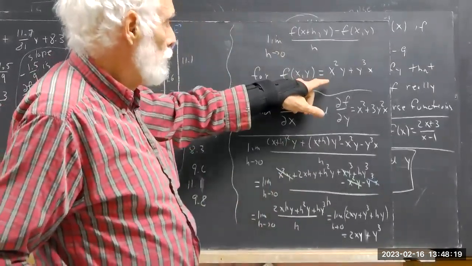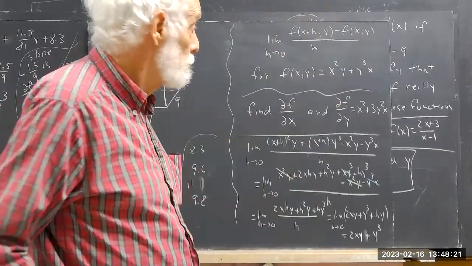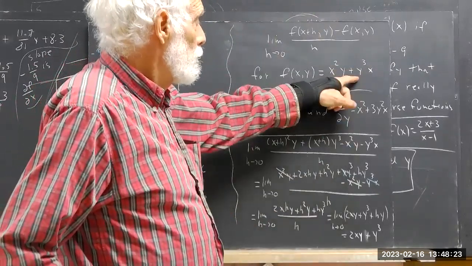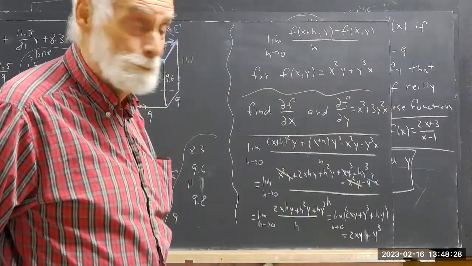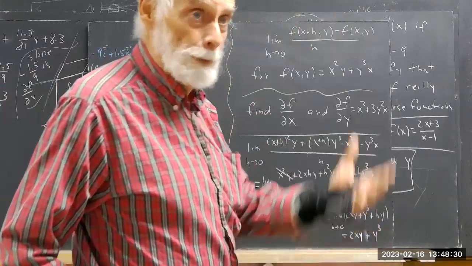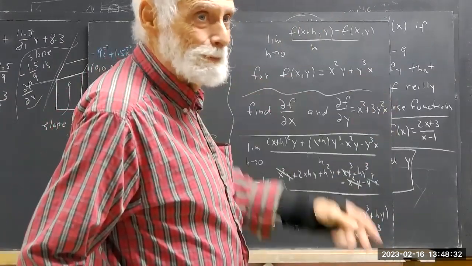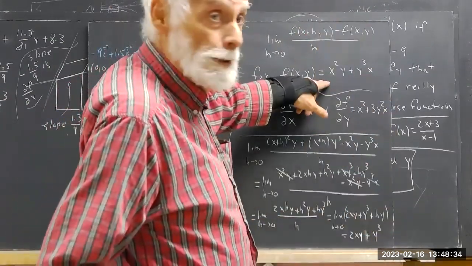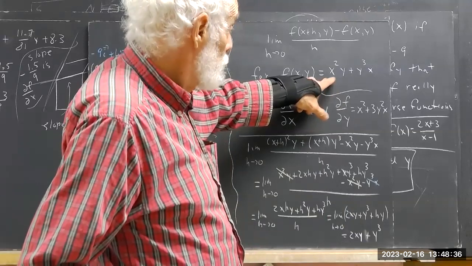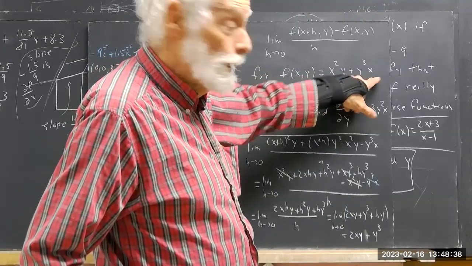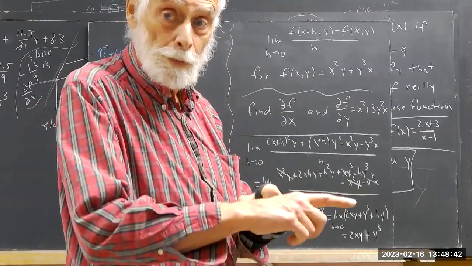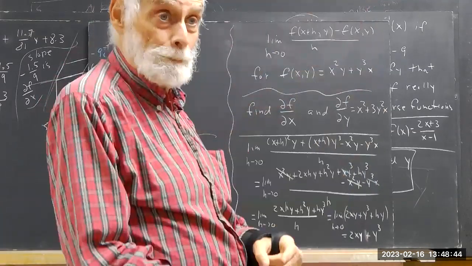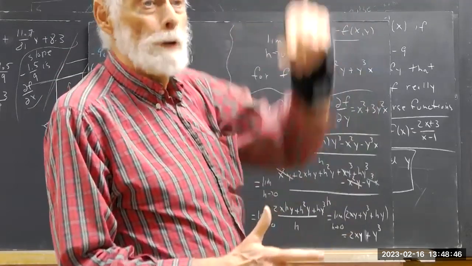We get 9 times 2 is 18... plus 27 times 2, 54. That's 81. Okay, so this has a value of 81. So we know we have the point x is 2, y is 3, and z is 81. There's a point way up there.